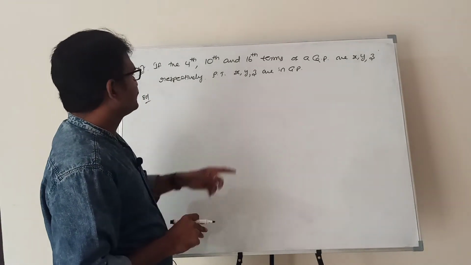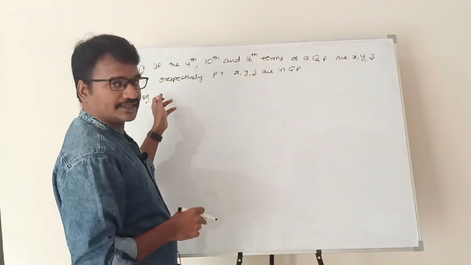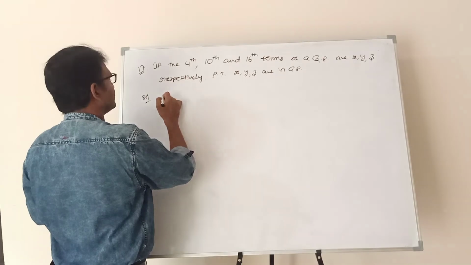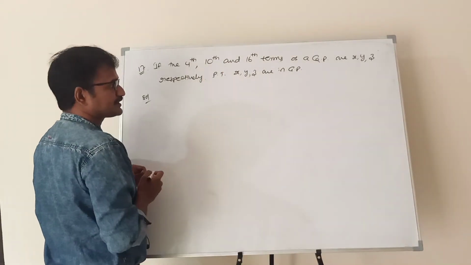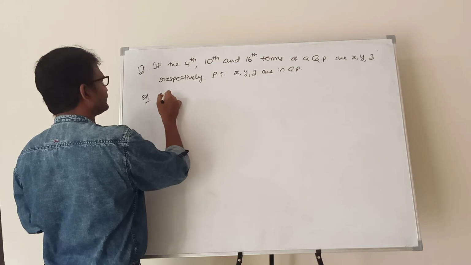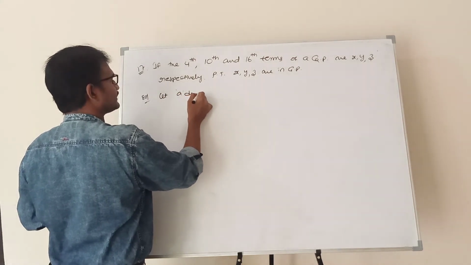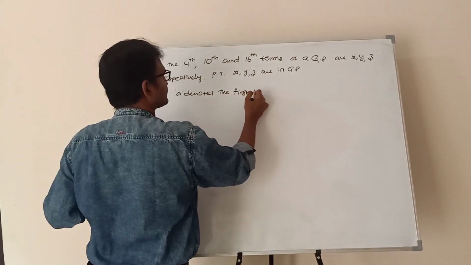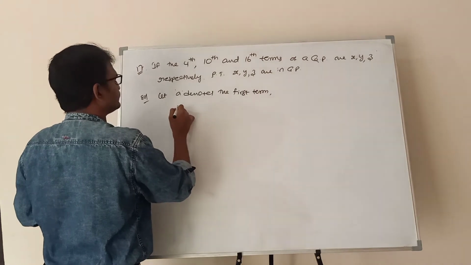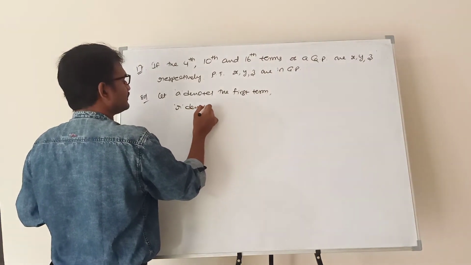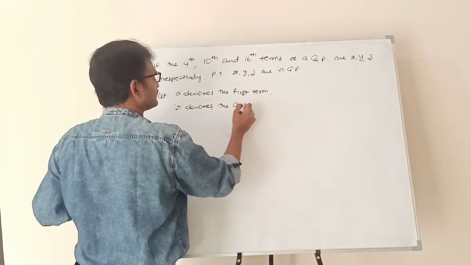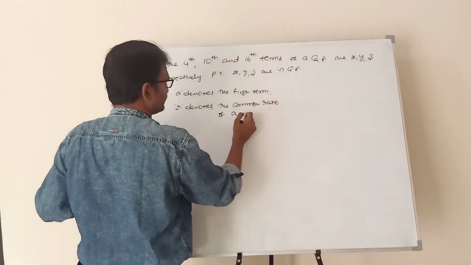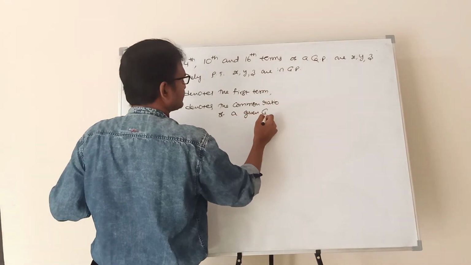Next problem: if the 4th, 10th and 16th terms of a GP are x, y, z respectively, then prove that x, y, z are in GP. Here the 4th term, 10th term and 16th term of a GP are given. So let A denote the first term, and R denote the common ratio of the given GP.